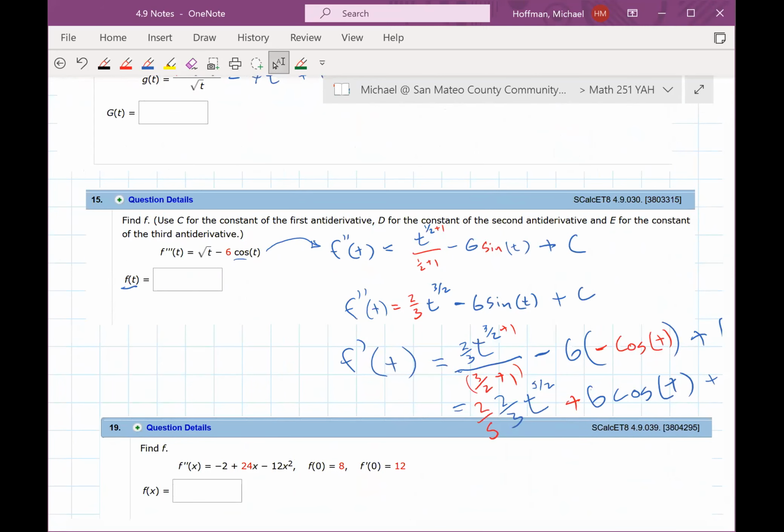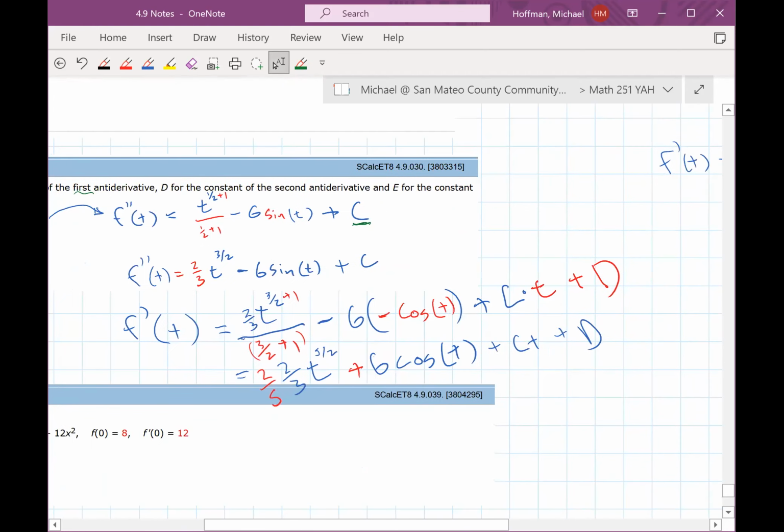And notice the instructions say use c for the constant of the first antiderivative, that's this one, and d for the constant of the second antiderivative, which we did here. If I'm a little more consistent with my color coding, it would have become red there because I should add it at that line.